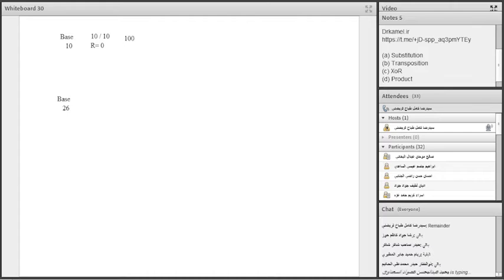So what about 100? What is the remainder? Yes, it's 0. We only need the remainder. What about this number? What is the remainder? 0.